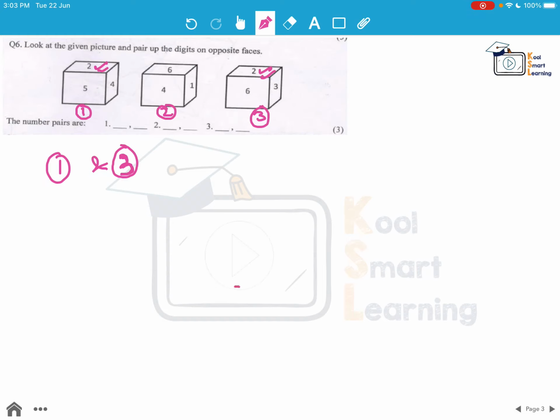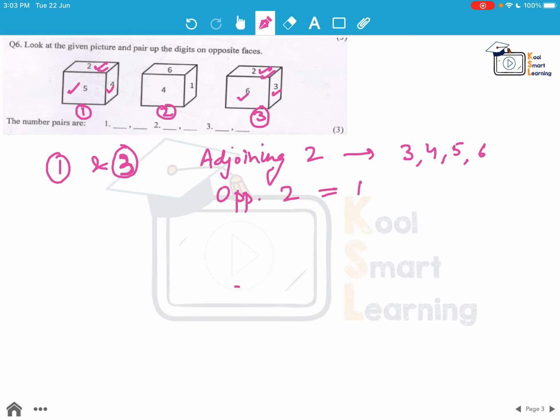So if we see the faces adjoining 2, here we see a 5, a 4, a 6 and a 3. So adjoining 2, we have 3, 4, 5, 6. So what will be opposite 2 will be 1.